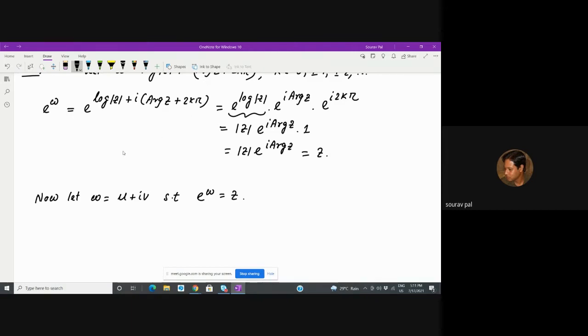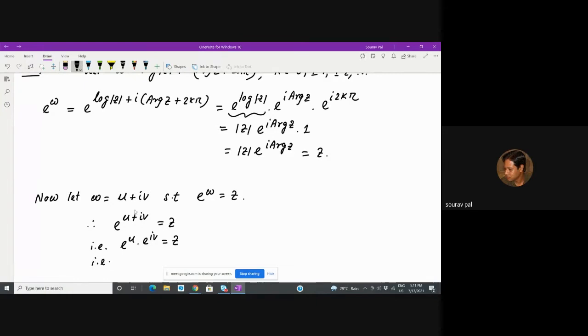What is the polar representation? We have e to the u plus iv equal to z. So what is e to the u?